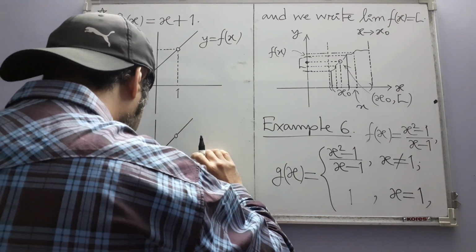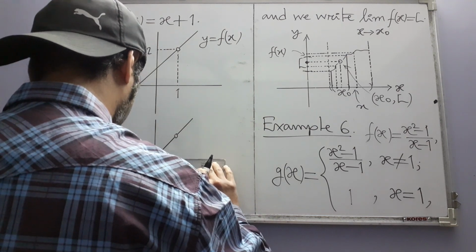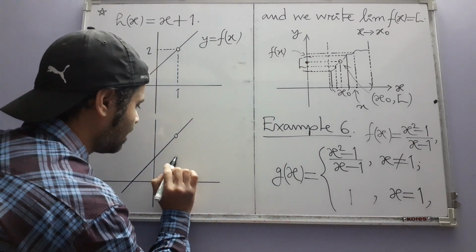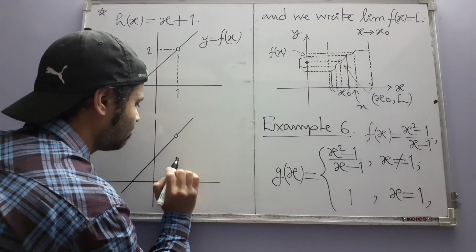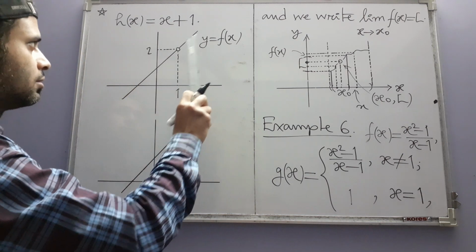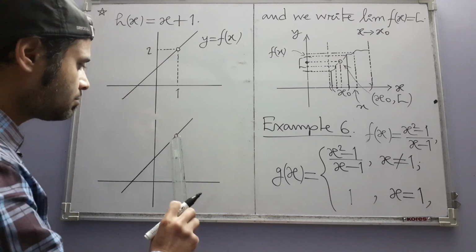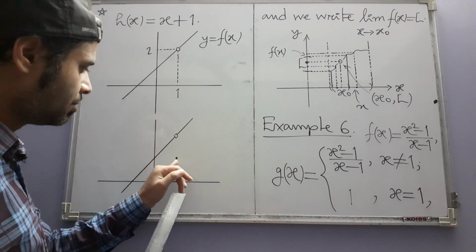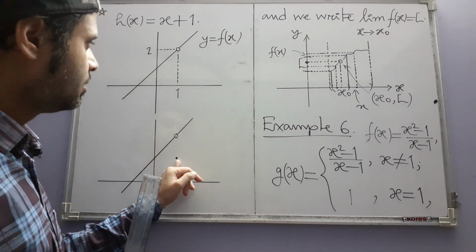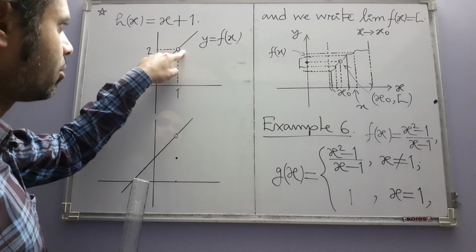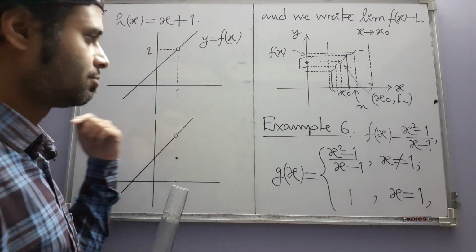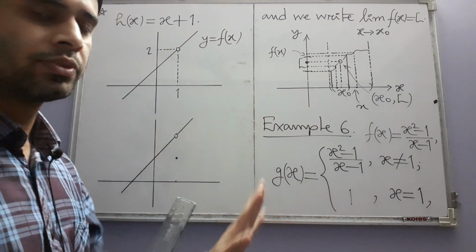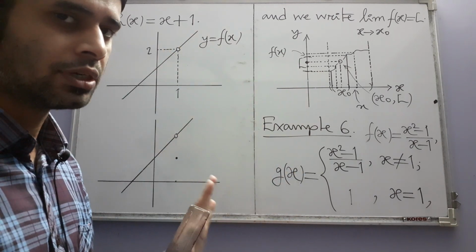So we have this situation. The graph of the previous function f is these two broken lines. The graph of g is these two broken lines, but with this single point. It's like someone has knocked this point out of the graph of the straight line y equal to x plus 1, removed the point and got rid of it completely.